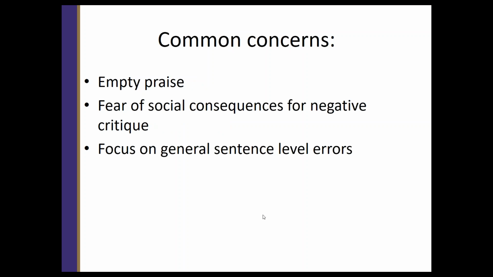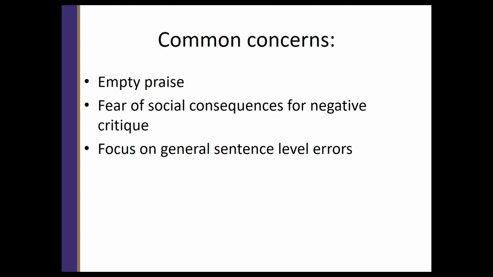So some of the common concerns, both from student and faculty perspective, regarding student peer review are that if you do student peer review, it'll be empty praise, that students will just kind of say, oh yeah, this is nice, this works, this is good. There can be a fear of social consequences for negative critique.